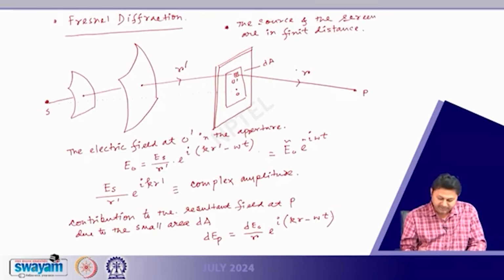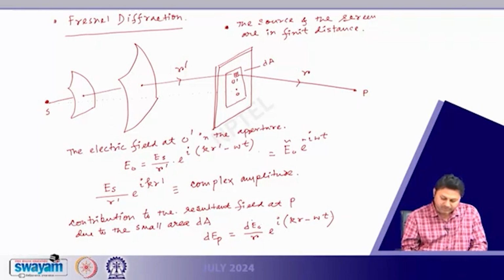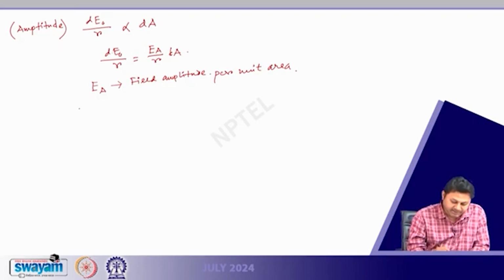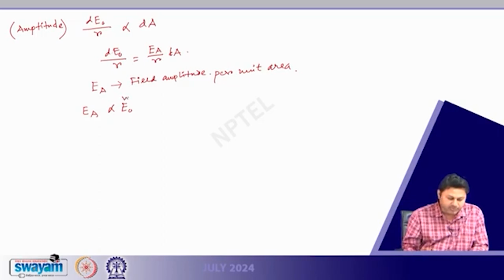So, if I go back and see, dE0 is somehow related to the field that is coming from S. So, we can have that E_A should be proportional to A, and if that is the case, I can write that E_A is proportional to the complex amplitude that we had earlier, and that is E naught tilde. And what was E naught tilde?